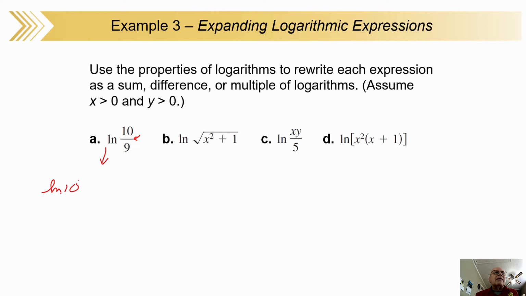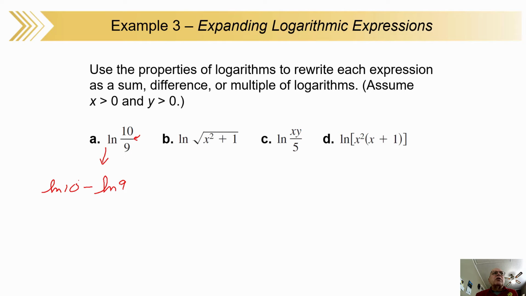Remember, this means what exponent does e need to give us a 10? We're talking about division, so our logarithms will be subtracting, and that'll be the natural logarithm of 9, which means what exponent would e need to give us a 9?